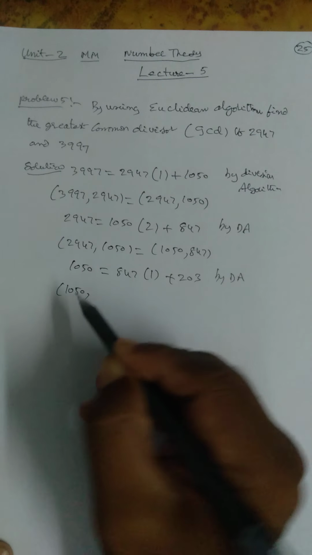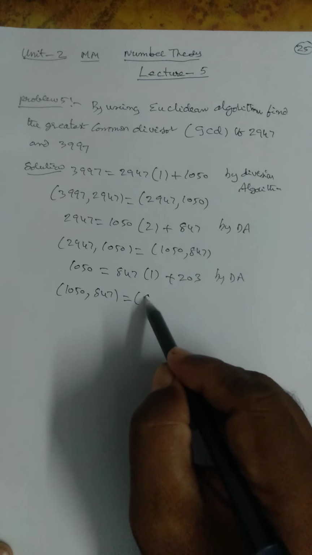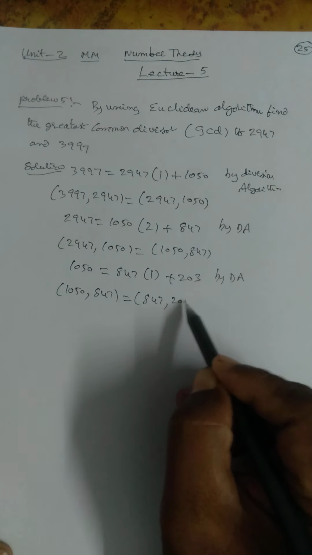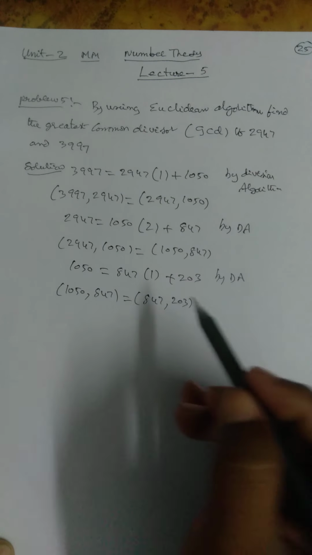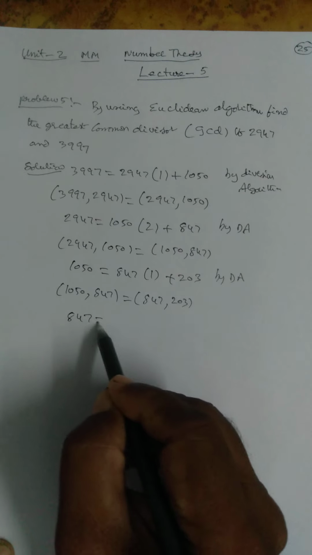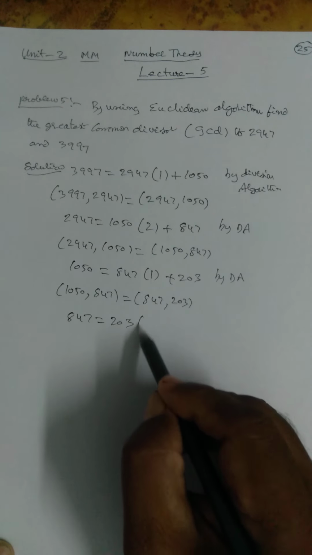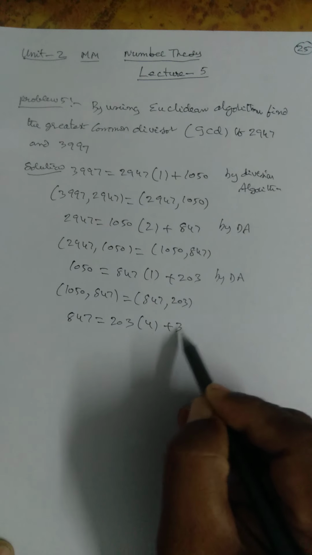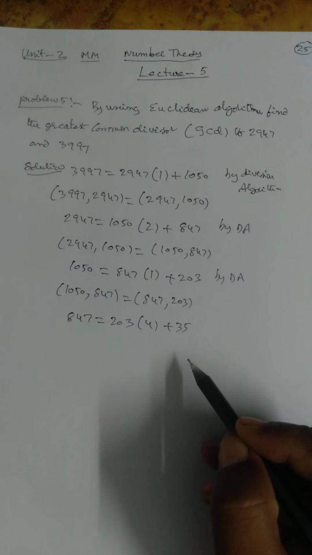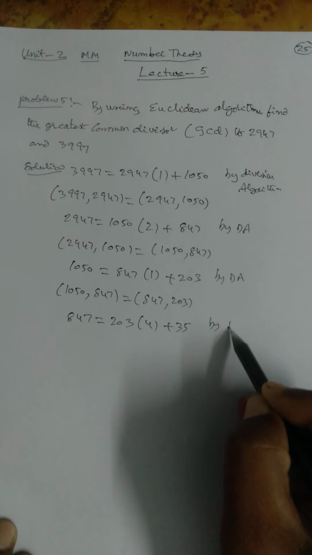GCD of 1050 comma 847 is equal to GCD of 847 comma 203. Now again apply the division algorithm. 847 is equal to 203 into 4 plus 35 by division algorithm.